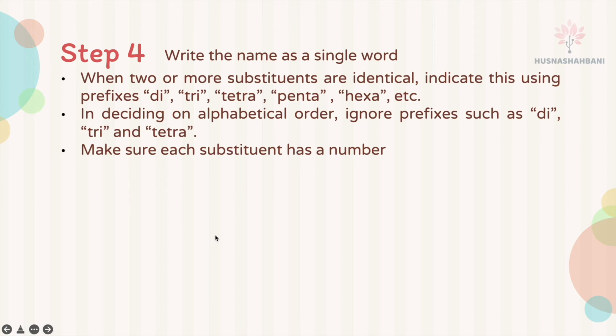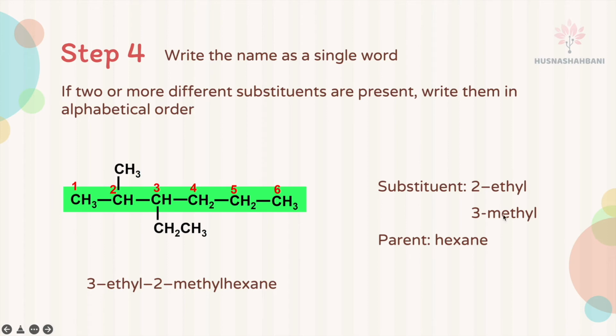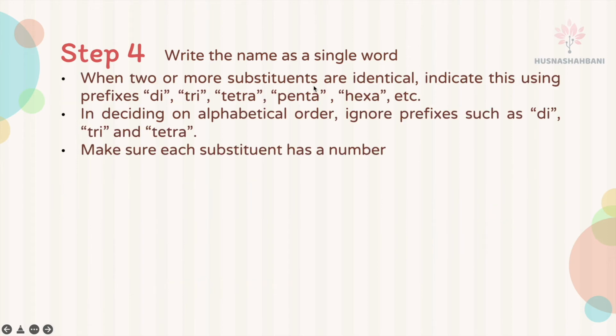When 2 or more substituents are identical, unlike these 2 substituents which are different, 1 ethyl, 1 methyl, indicate this using the prefixes di, tri, tetra, penta, hexa. Di means 2, tri means 3, tetra means 4, penta means 5, and hexa means 6.